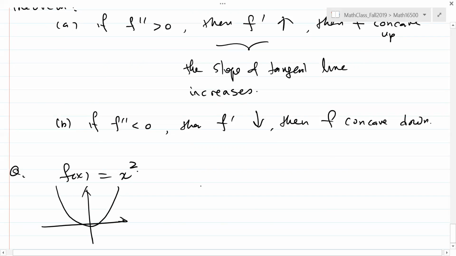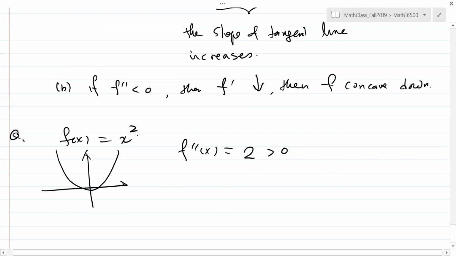And then the second derivative is going to be 2. It's always positive. So if you forgot the correspondence between the sign of the second derivative and the concavity of the function, just look at this function. This is concave up, and the second derivative is positive.